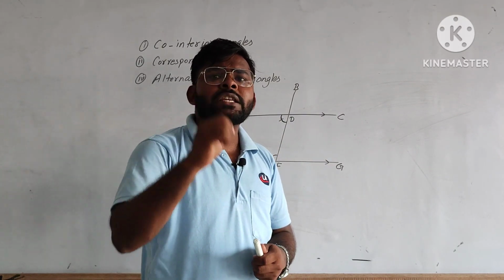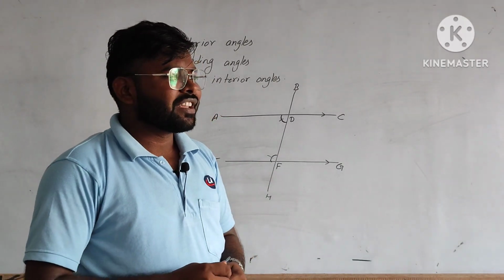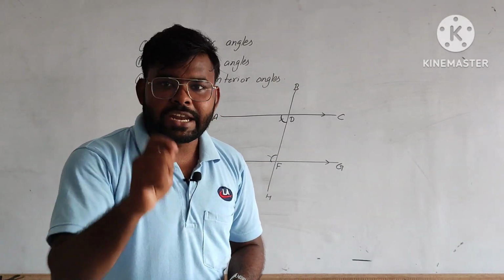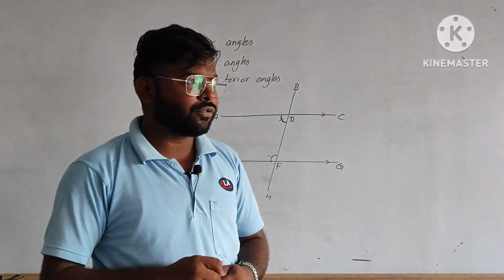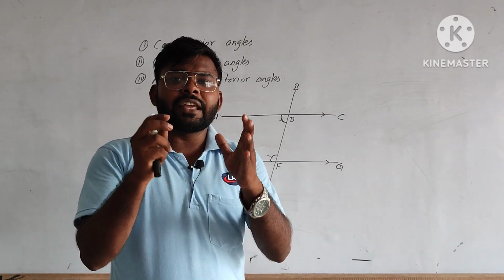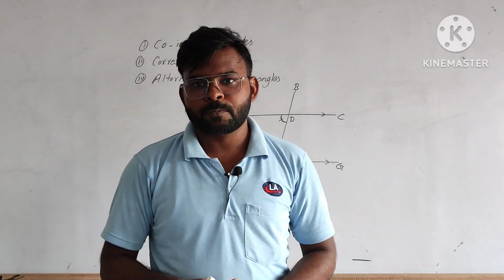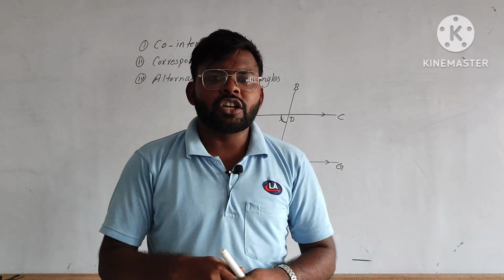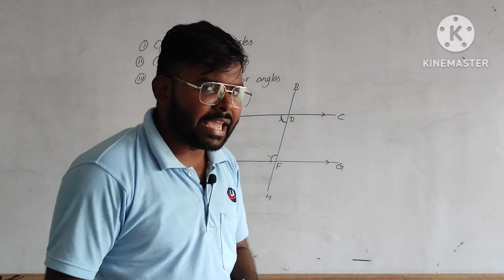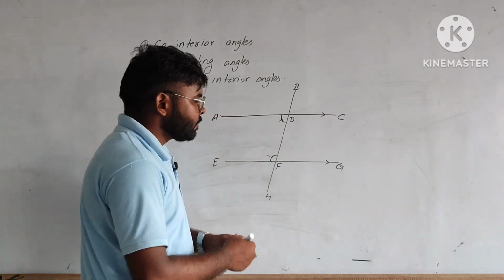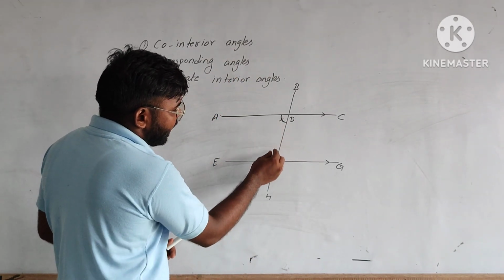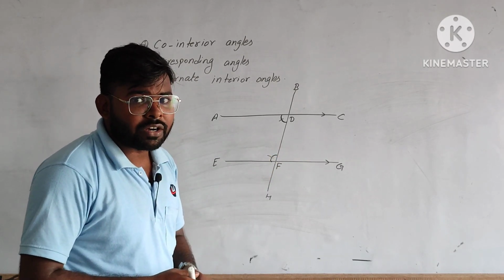And what is the property of co-interior angles? Whenever we add the co-interior angles, their sum will always be 180 degrees. You can see here, when we add this angle and this, it will always be 180.